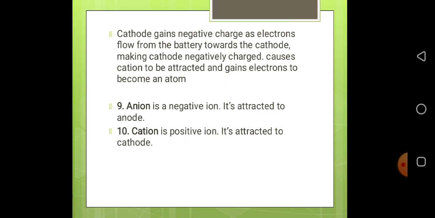So we have the anion. An anion is a negative ion. It is attracted to the anode, while a cation, a positive ion, is attracted to the cathode. In the law of electricity, like charges repel, while unlike charges attract.